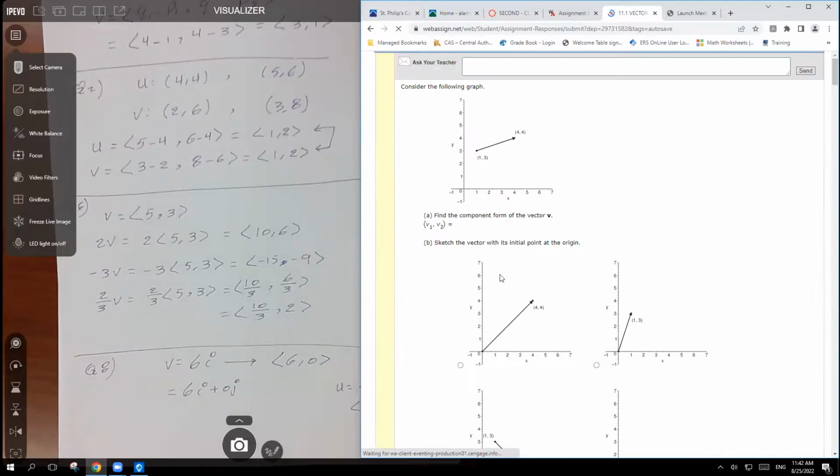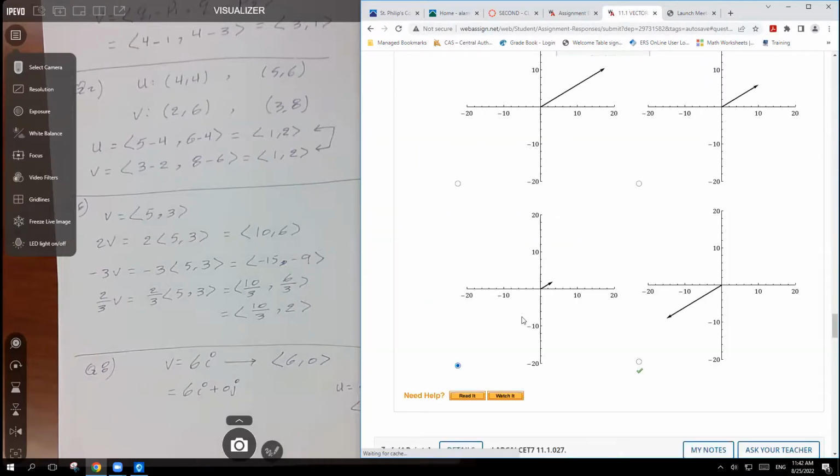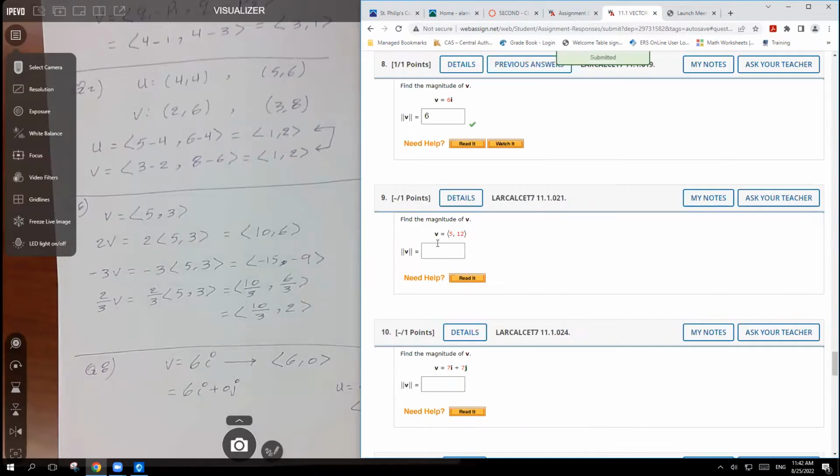Let's go to the next one. The same thing here. You're just going to find the length. You have a vector. How are you going to find the length here? See, there's another example here.